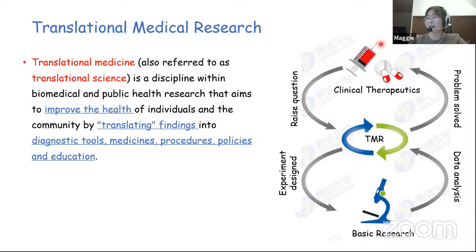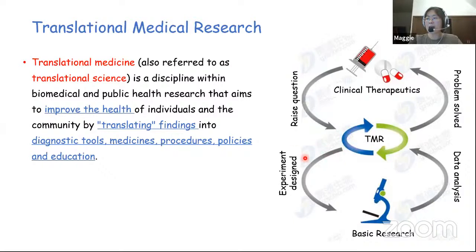As you can see in this figure, usually the doctors in clinic find some questions. For example, they cannot treat their disease very well, or those patients do not respond to some kind of medicine. Those doctors can raise questions from their clinical therapeutics and pass these questions to the labs.